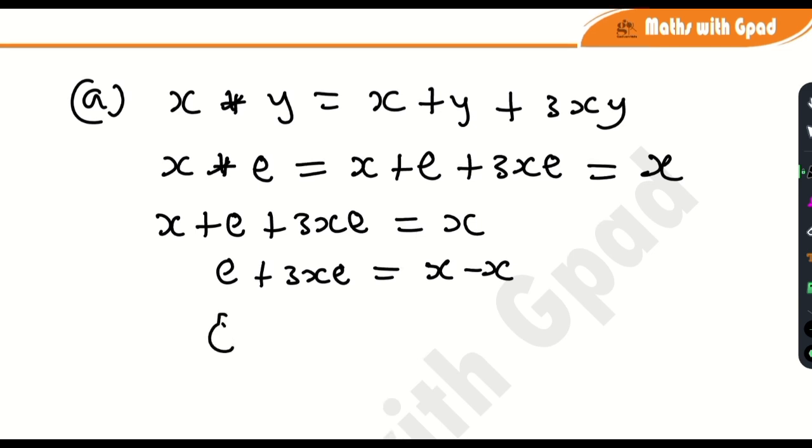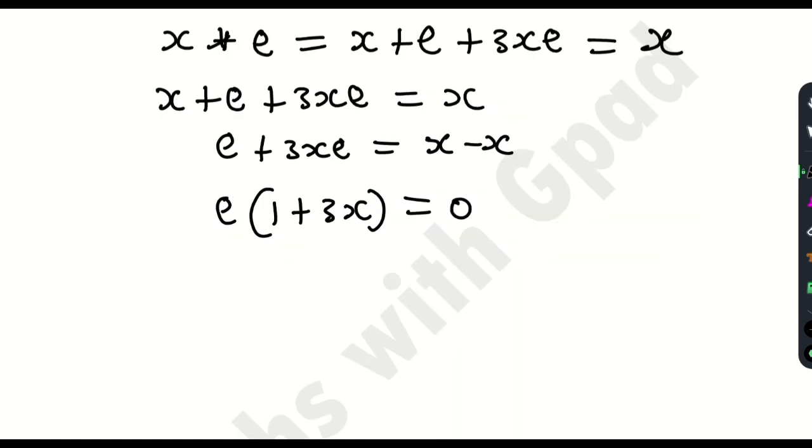I'm going to factorize E, then bracket. What is E into E? That's 1 plus, what is E into 3xE? That is 3x. Close the bracket, is equal to x minus x, which is 0. Now, I'm going to divide both sides by what? 1 plus 3x. So let's do that here and here as well.